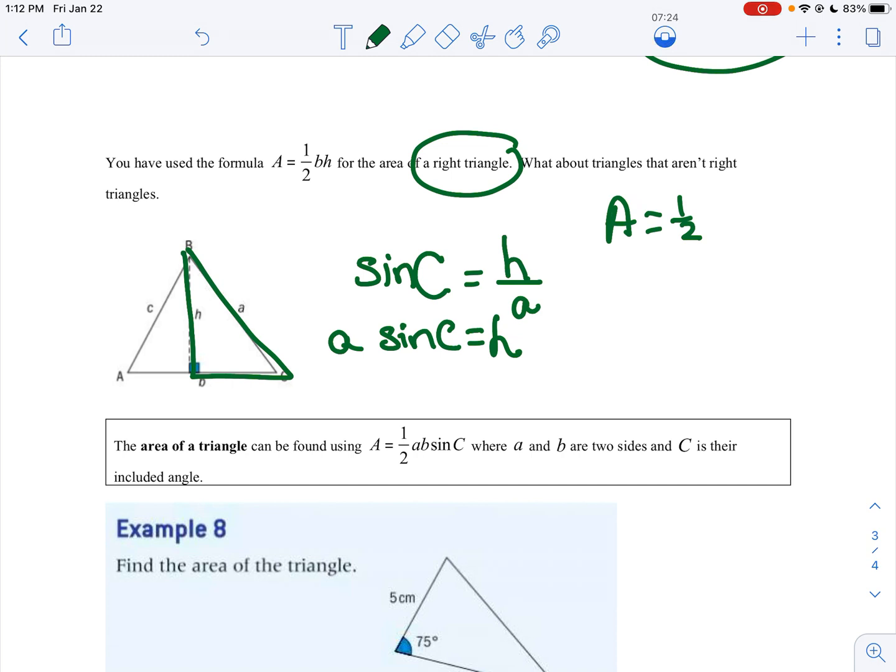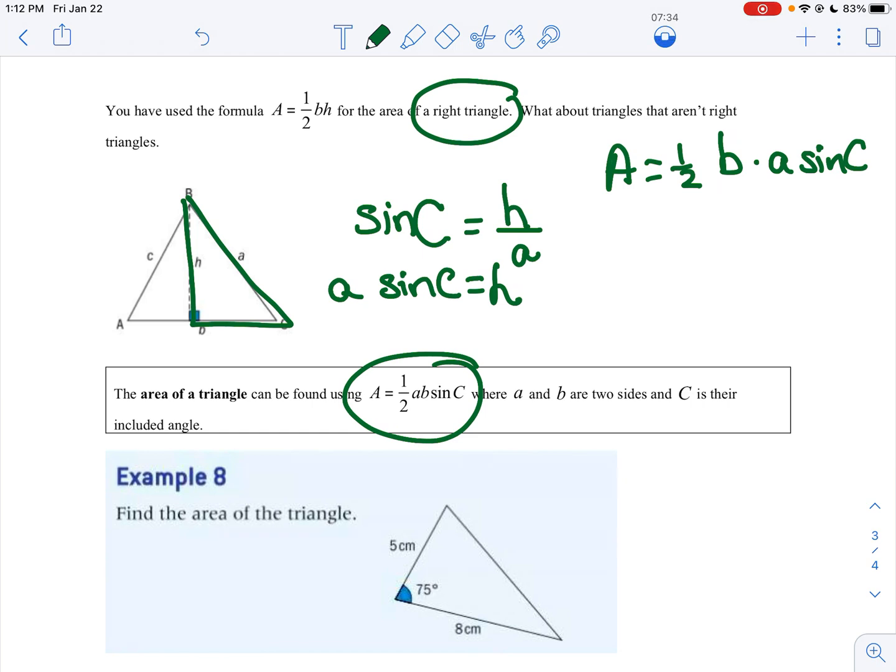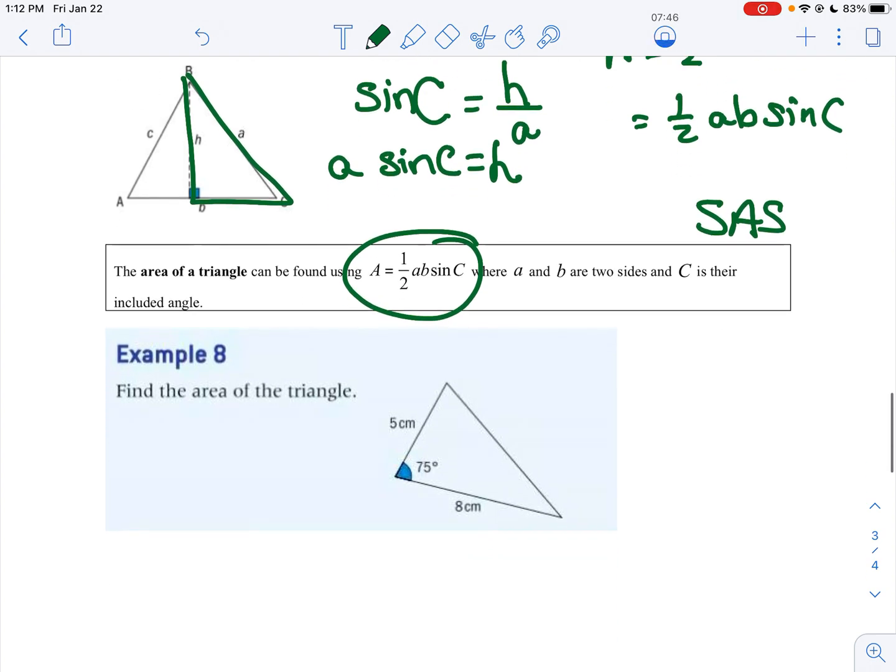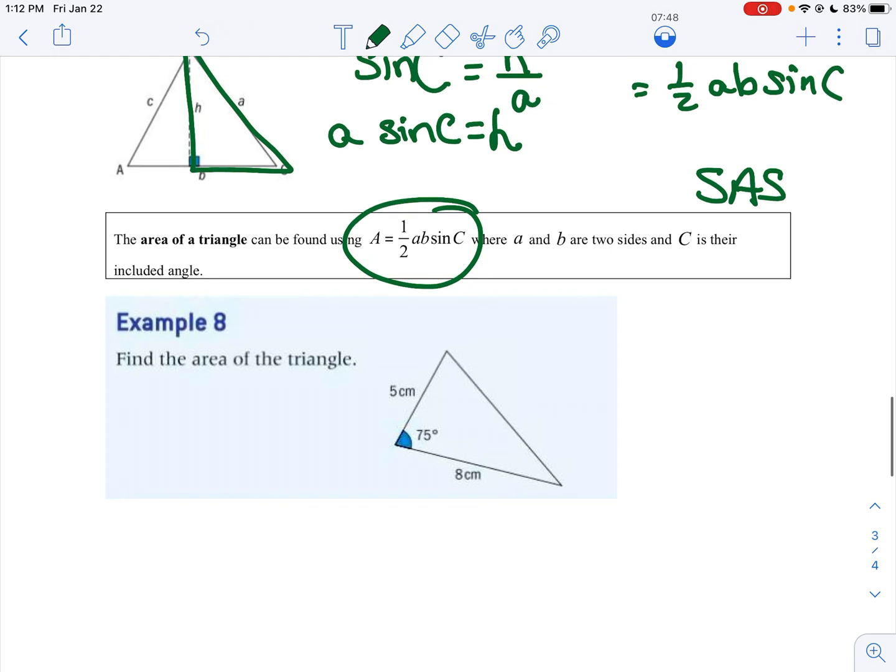Well, the base is B, and my height is A times sine C. So that's my formula. A equals 1/2, and typically we write it AB times the sine C. And it's really, if you remember your geometry, side, angle, side. If you have side, angle, side, you use this formula.